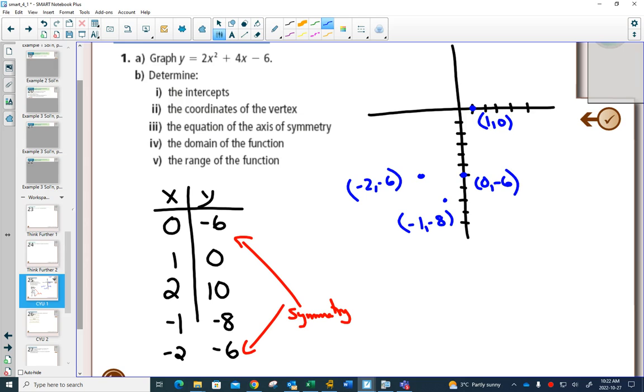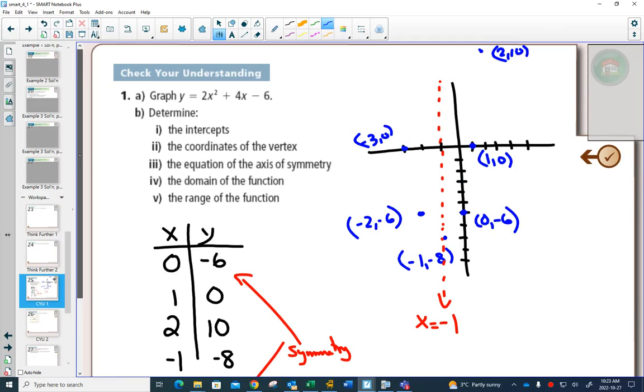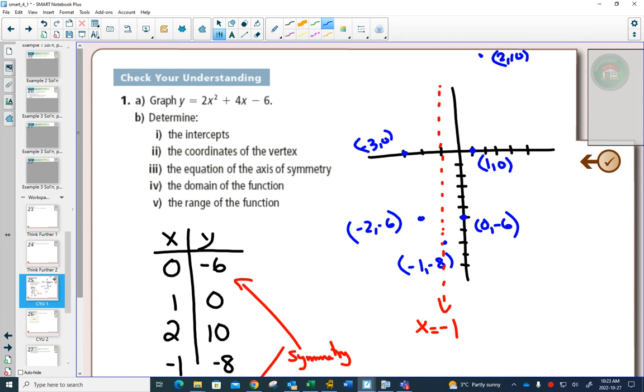These are symmetrical. That means my axis of symmetry has to be right in between those two, which happens to be at x equals -1. Can you see from this that if this one is 2 away from my axis of symmetry, I would also have one right here, 2 away from my axis of symmetry. And if I went up to the other point I found, 2 is 3 away, right?